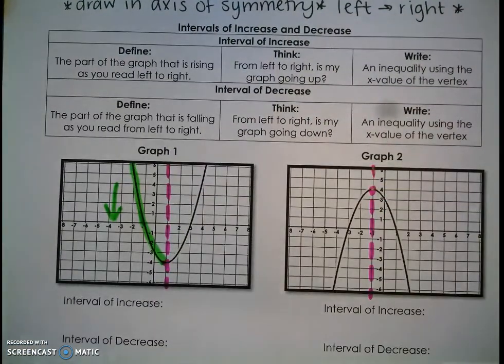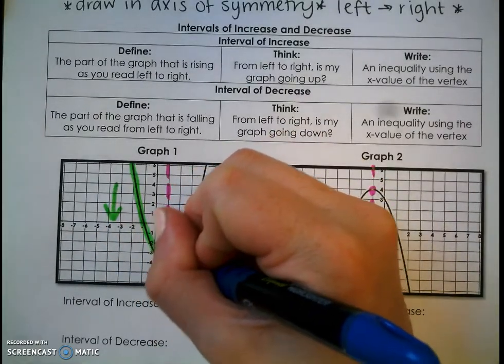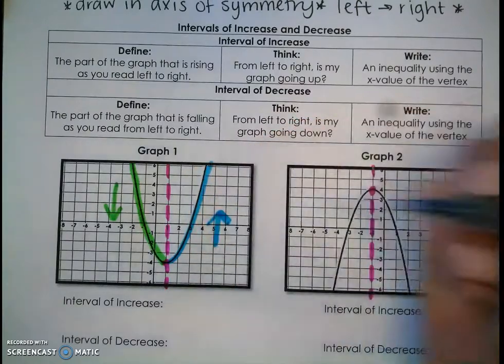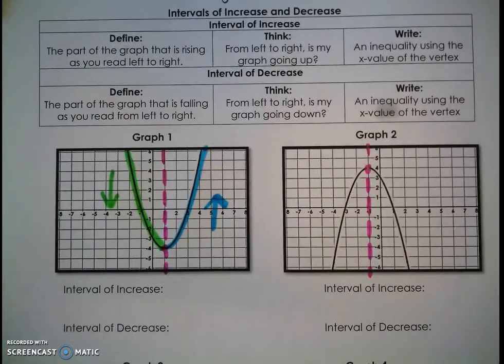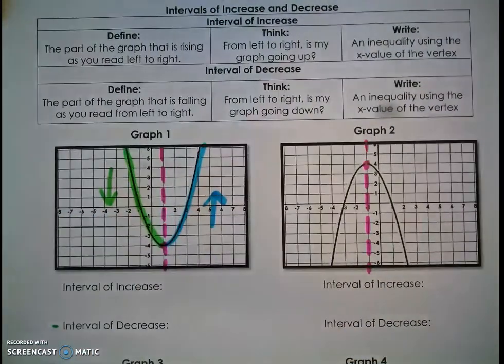Then if I look over here, so I just finished up decreasing. Then on this side, it is now increasing. So I'm going to start with my interval of decrease, just because I did it first on the left.